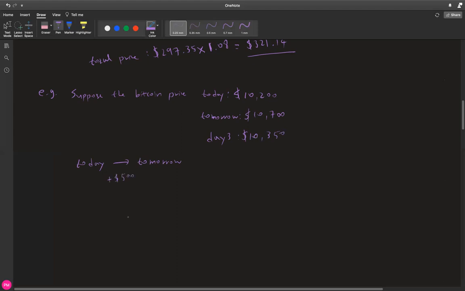That's a raw number increase. But what's the percentage increase? Or in other words, what's the growth rate?